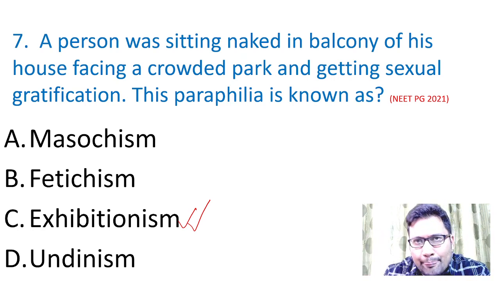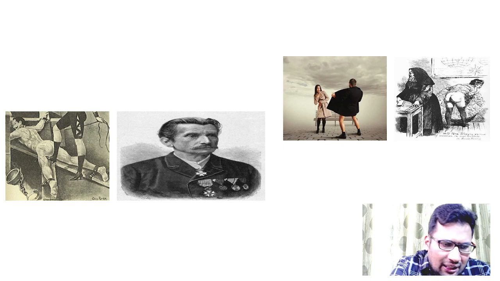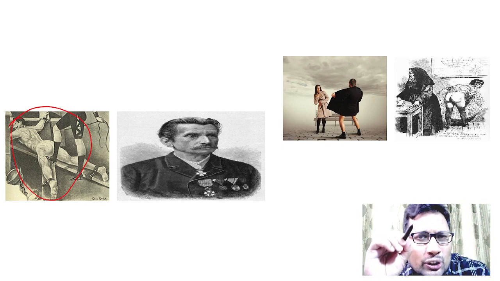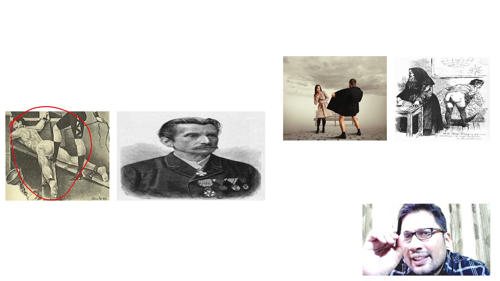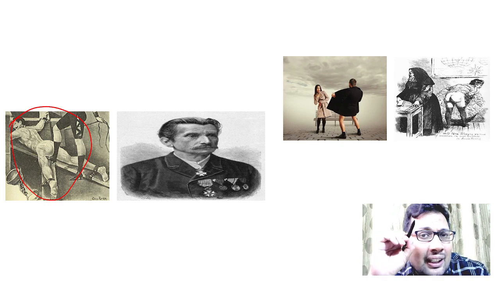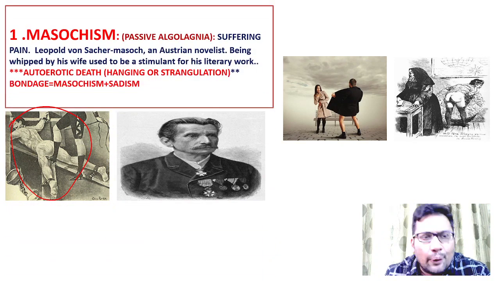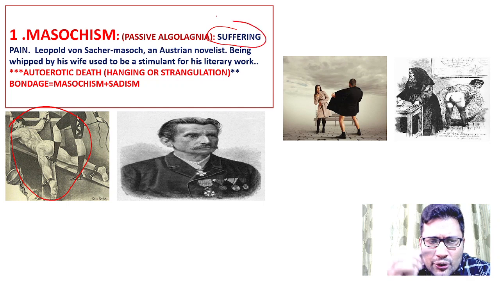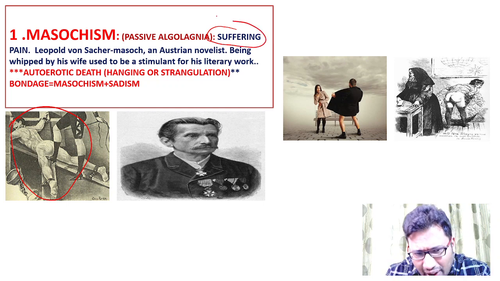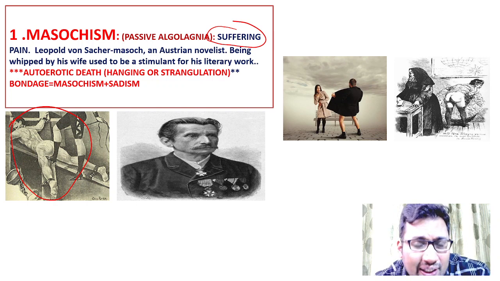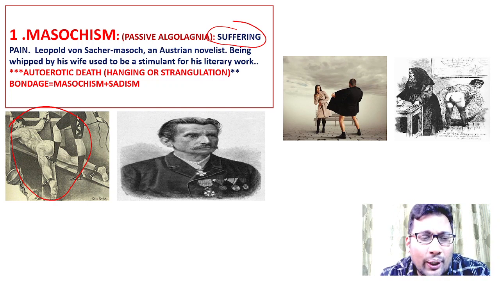The first one is masochism. This is the classical masochism. Masochism is opposite to sadism, where sexual pleasure is obtained by taking pain. Masochism is known as passive algolagnia, suffering pain. Sometimes it occurs along with sadism, and that is known as bondage.